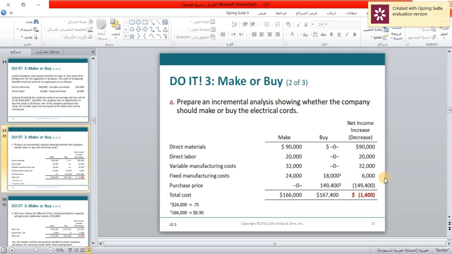But the make decision is better for the corporation, because if we buy the product from outside, the net income will be reduced.